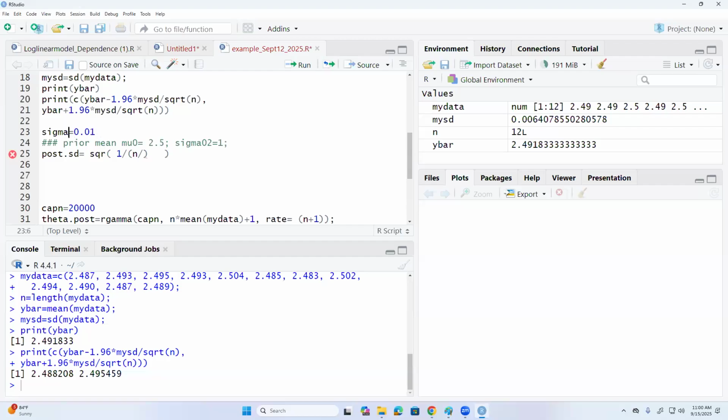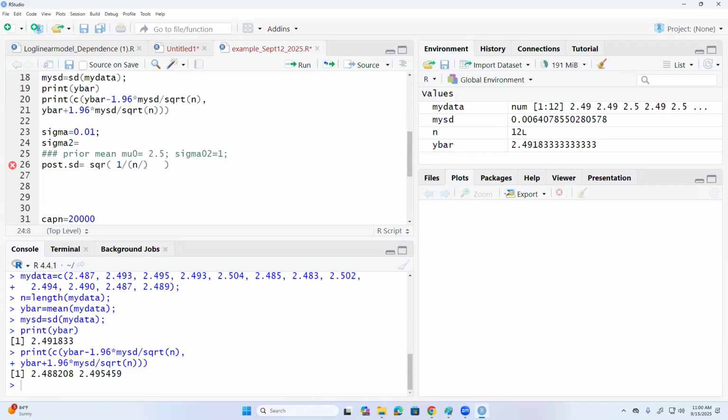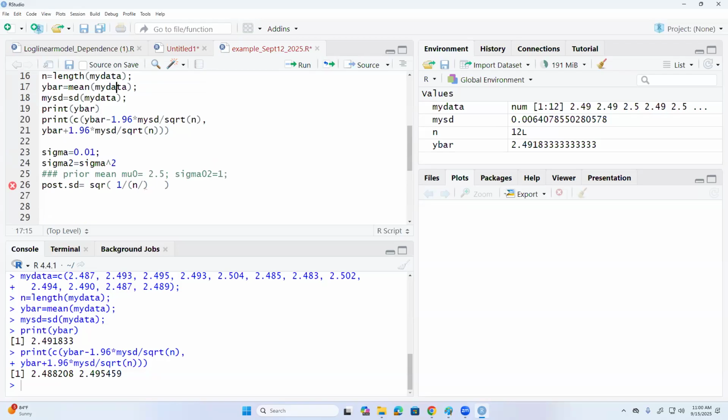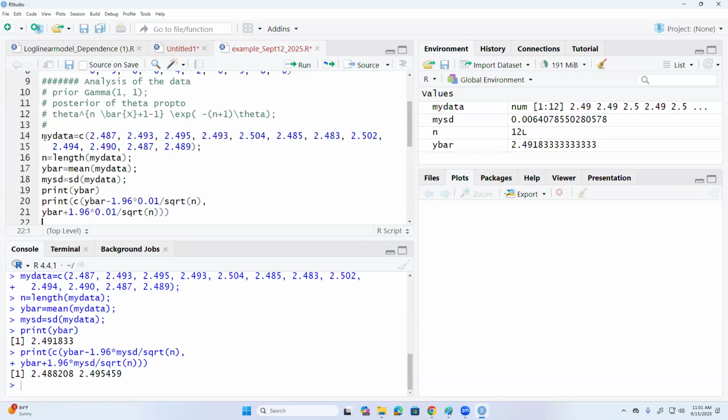So sigma square is the square of that. Since the standard deviation is given in the confidence interval calculation, I am supposed to use this standard deviation in the classical method as well, so it should be 0.01. When the population parameter is known, it is better to use that population parameter.